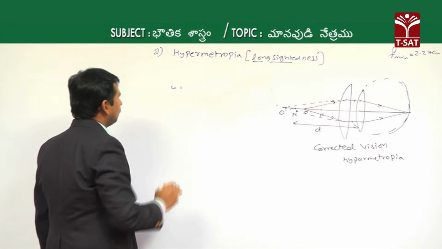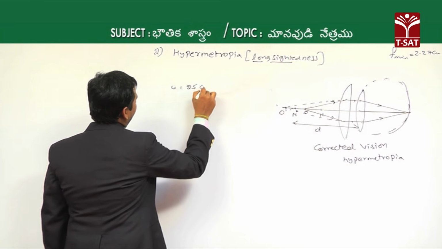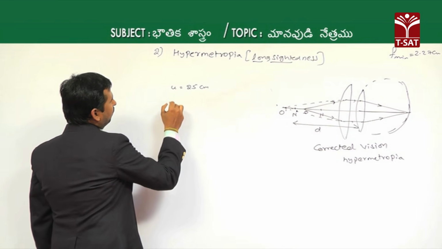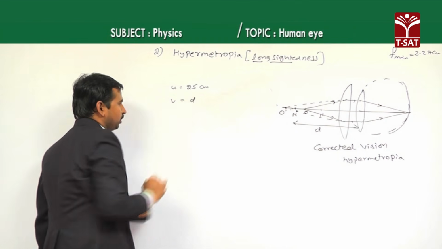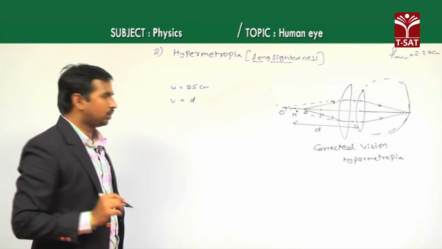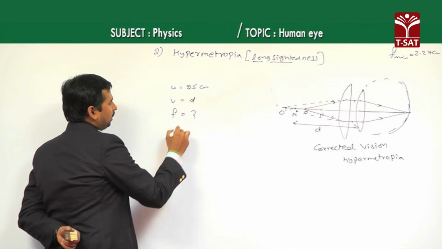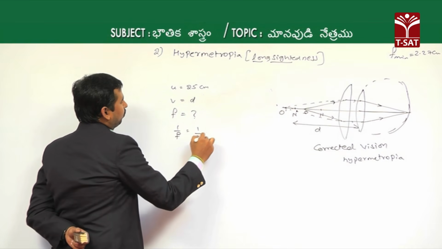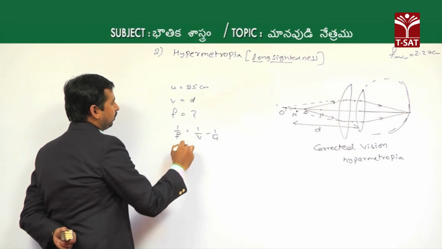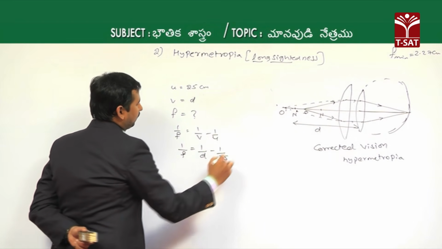The object is at 25 centimeters actually, and we want the image to be at d, which is our near point. Then we need the focal length f. Using 1 by f is equal to 1 by v minus 1 by u, 1 by f, with v as d and u as 25.